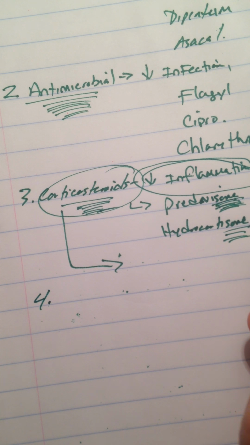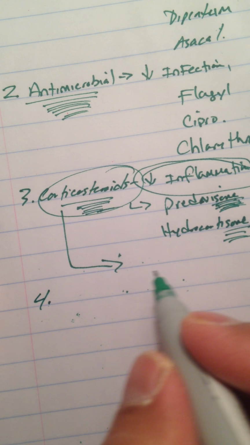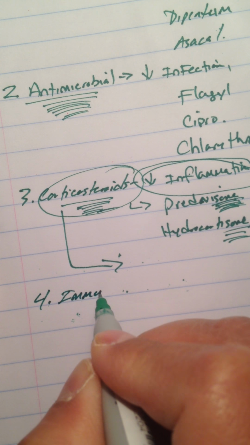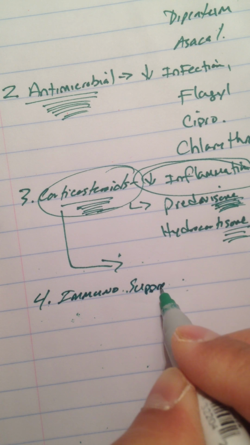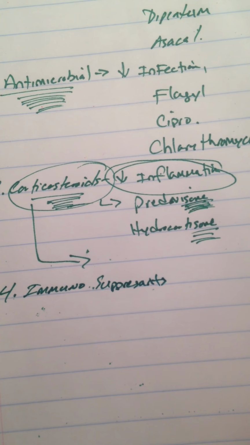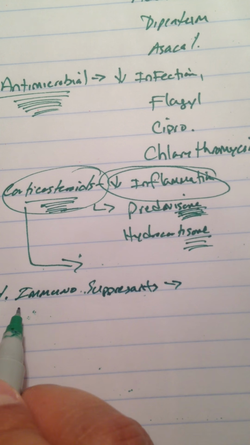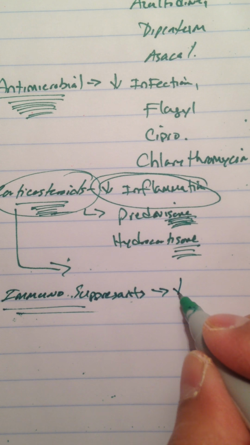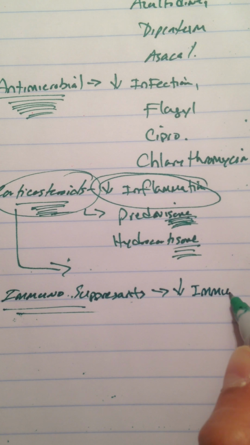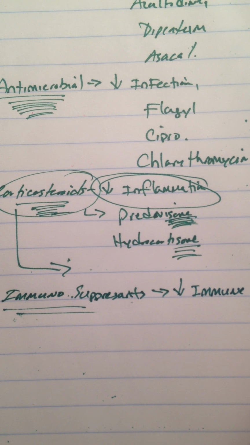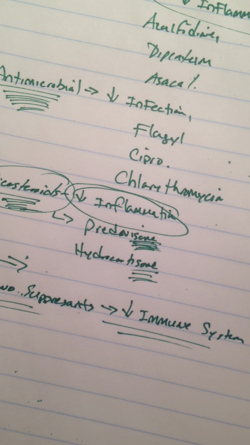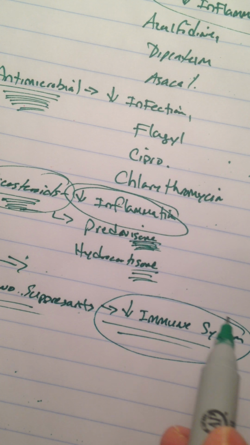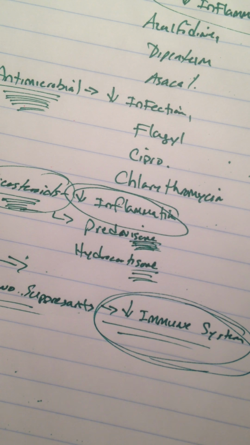Number 4, immunosuppressants. As the name implies, you're going to hopefully bring down their immune system. In the very beginning, we talked about how this is an autoimmune disease. Their own immune system is attacking their body. So that is why this is given, in hopes to knock down their immune system to stop that inflammation.